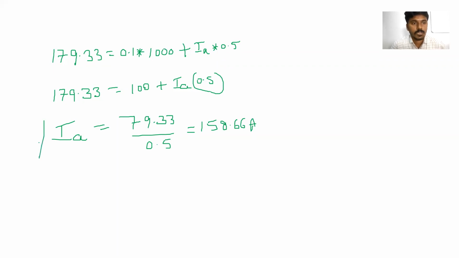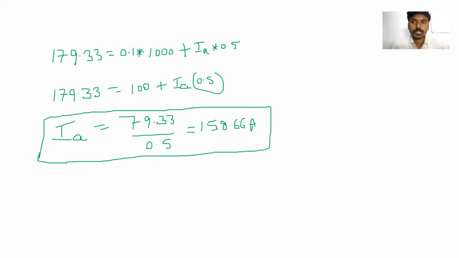This is the value of the armature current when the motor is running at 1000 rpm and the firing angle is 30 degrees; then it is taking 158.66 amperes. Clear?